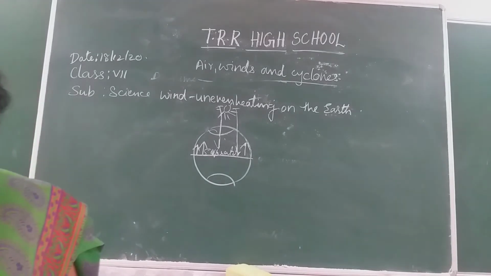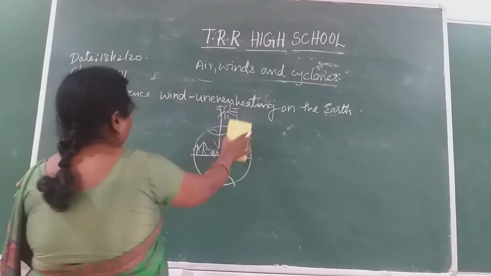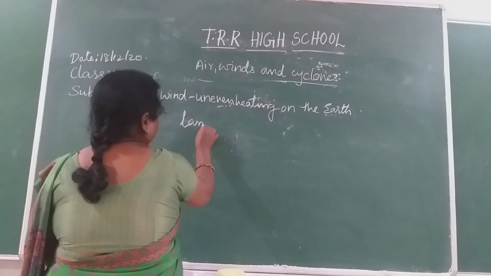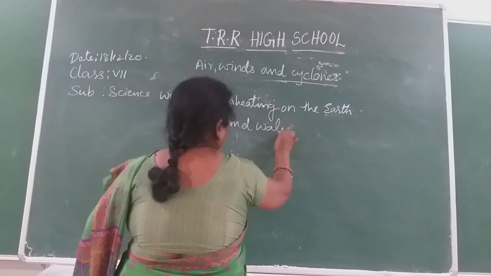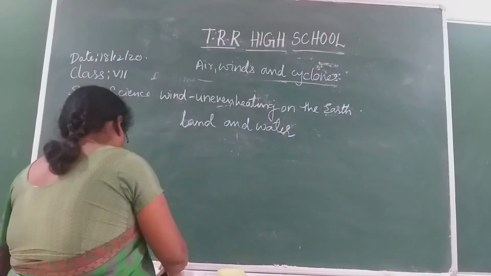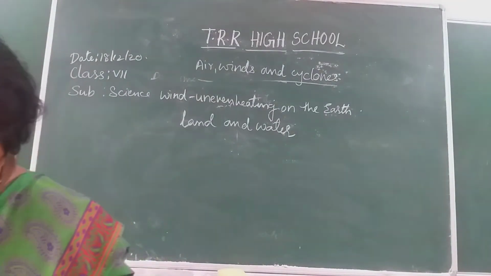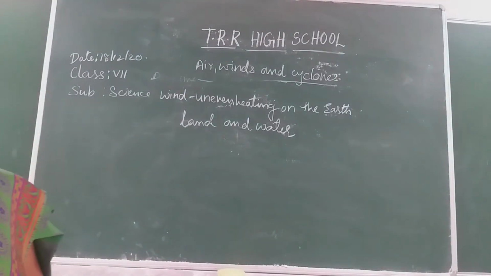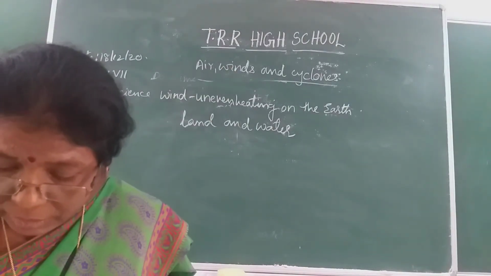So, uneven heating effect of land and water. In summer, near the equatorial region, the land heats up faster, and during the daytime the temperature of the land will be very high, isn't it?